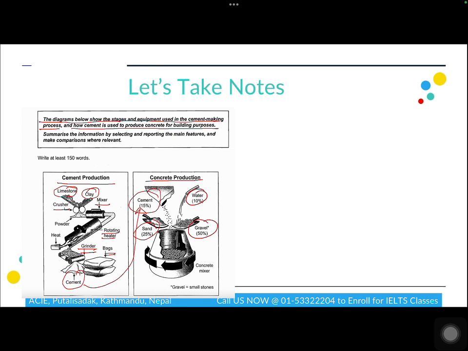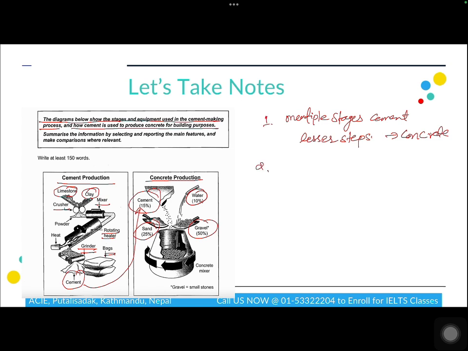Now this is one way to look at the figure. Another way is we can also try to find a comparison, saying that there are multiple stages in production of cement, whereas only lesser steps for concrete production, right? So this is one way of comparing.